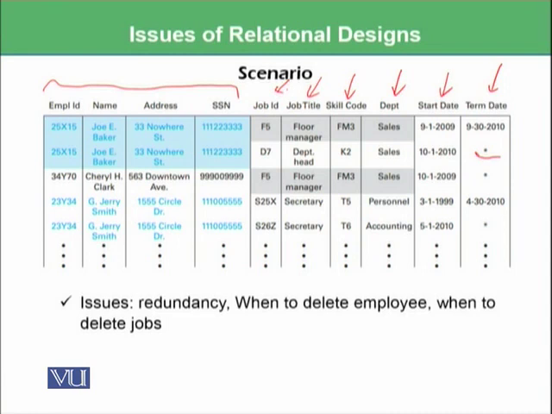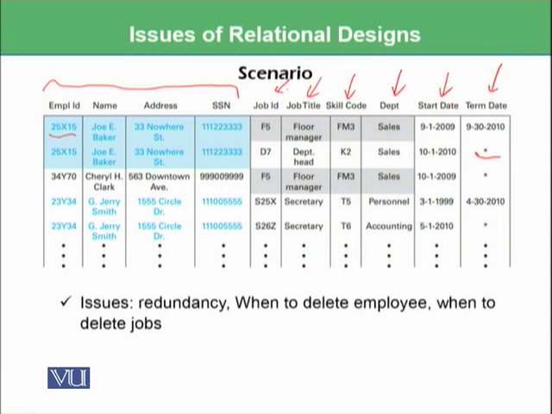One of the issues is that the data is redundant. For example, in the previous slide, one tuple was denoting one particular instance of the employee. However, here you can see that the employee who has employee number 25X15, whose name is Joey E. Baker, address is this, SSN is this, has held two jobs.